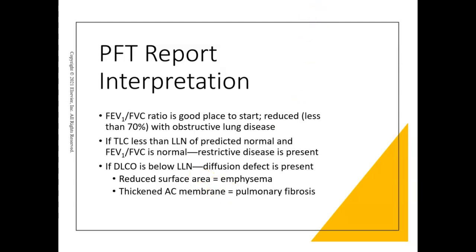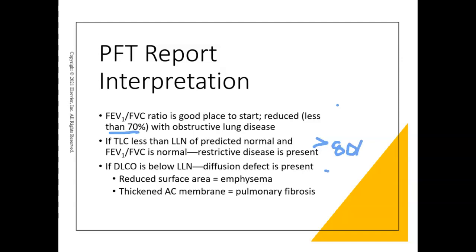So FEV1/FVC, first and foremost, I'm looking for this to be less than 70% of predicted. For my TLC, if it's less than 80% of predicted, then I've got restrictive disorder.